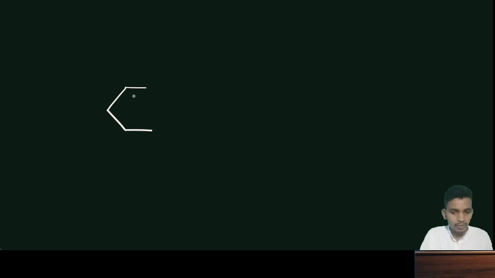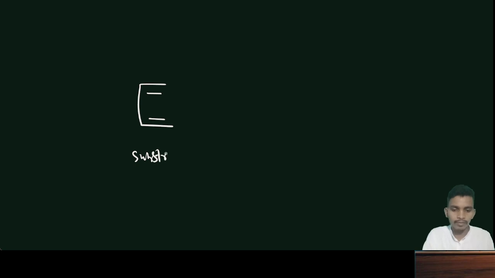So there should be a conjugation. Okay, so I will make this. There should be a conjugation. So here conjugation is there. Now what I will do for this substrate, if I give the heat, then what will happen?